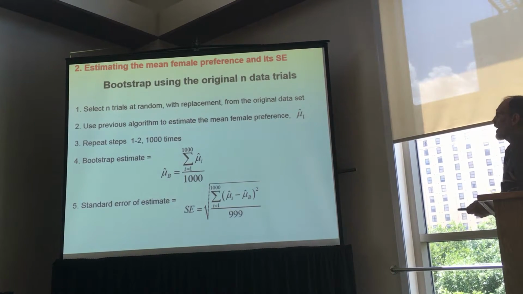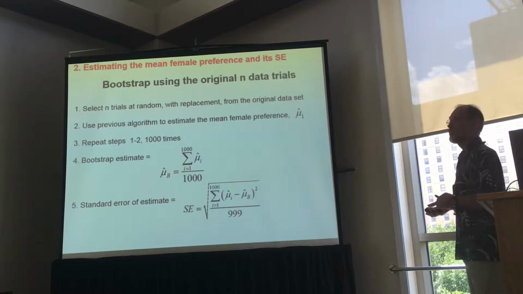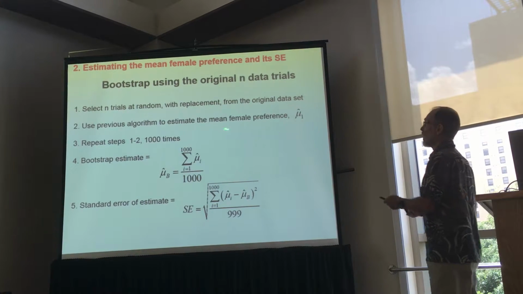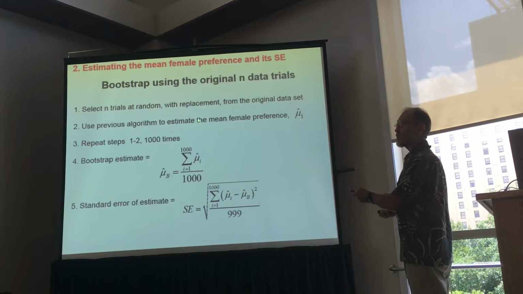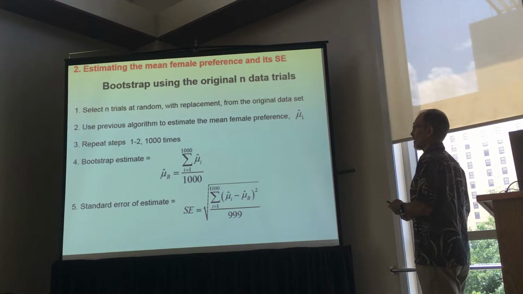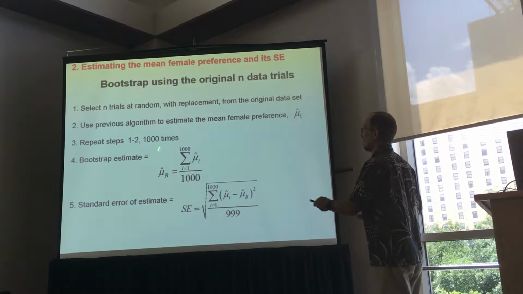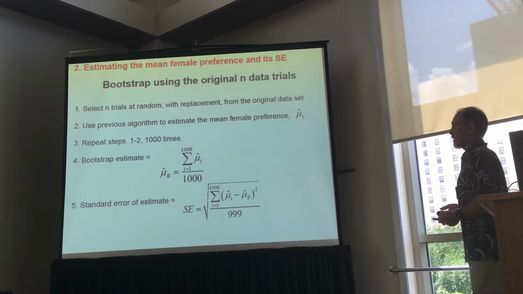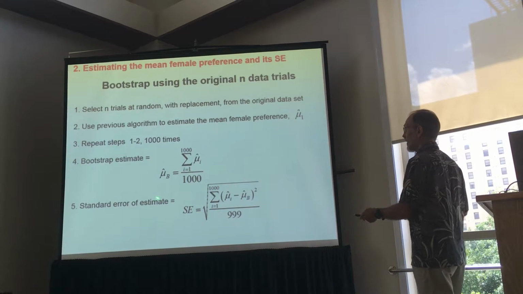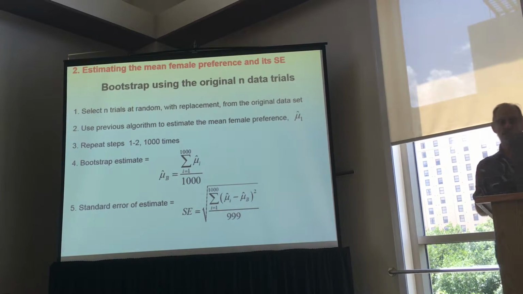We use the previous algorithm to estimate the mean female preference, so that would be mu hat 1 in this case. We repeat this step 1,000 times to generate 1,000 bootstrap replicas. The bootstrap estimate then is simply the mean of all of those replicas. And the standard error of the estimate is the standard deviation of those bootstraps.